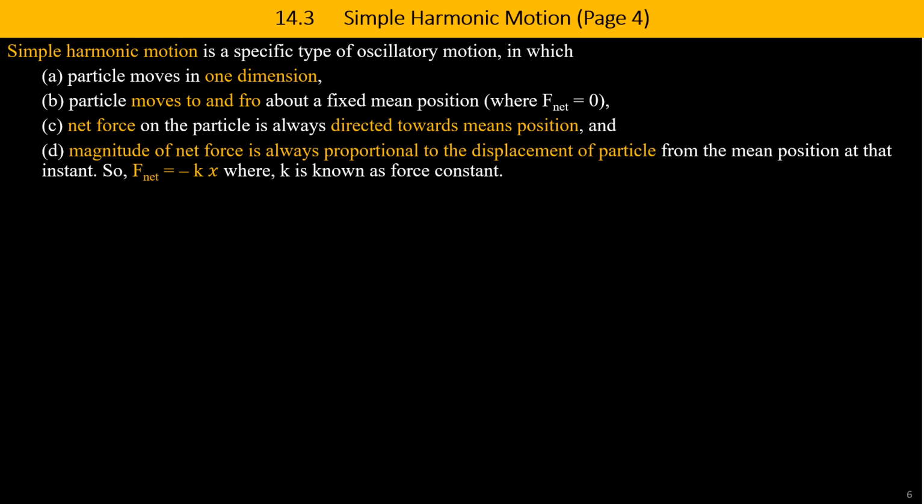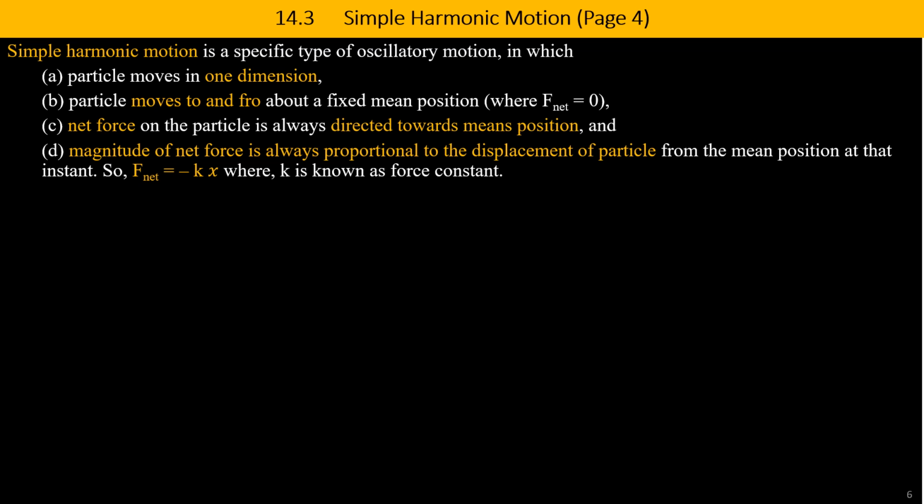Another condition is the net force on the particle is always directed towards the mean position. And the final condition is the magnitude of the net force is always proportional to the displacement of the particle from the mean position at that point.